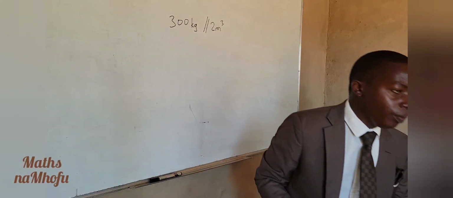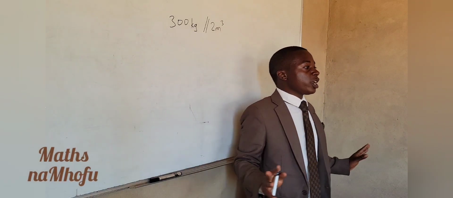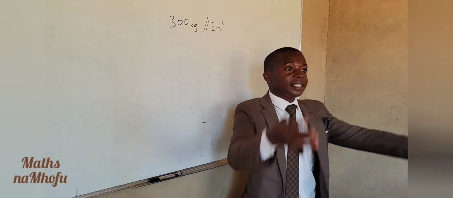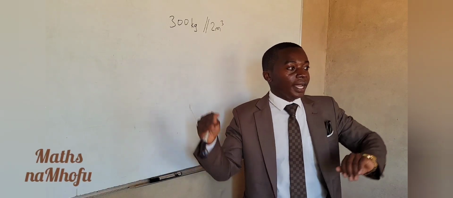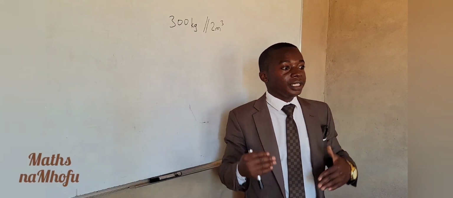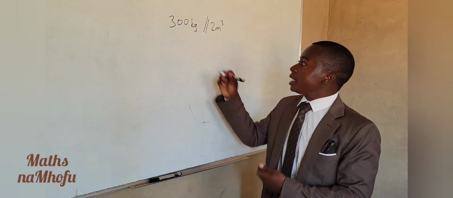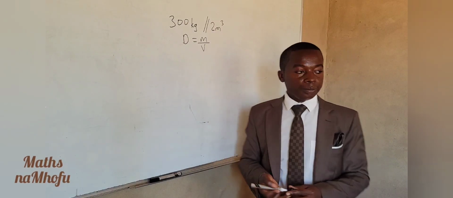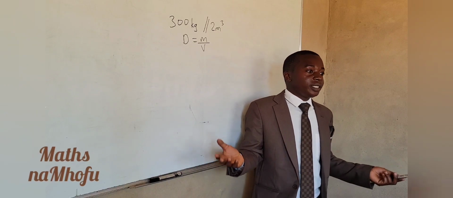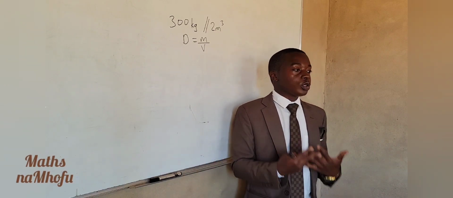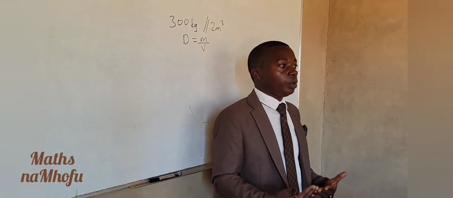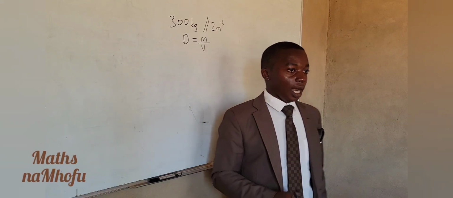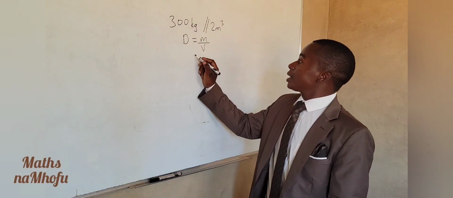This is very simple and straightforward. Remember, you calculate the density by dividing mass by volume. Density is equal to what? Mass over volume. For Cambridge, they will give you the formula, but for you, ZIMSEC, you should know the formula. Are we together?